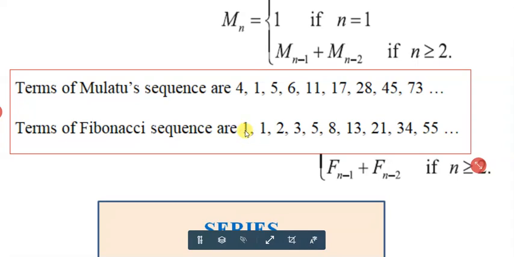The first term, F0, is 1, F1 is 1, but F2 gives us 2 by adding 1 and 1, and F3 gives us 3 by adding the two preceding terms, and 5 can be obtained by adding 2 and 3, and 8, the next term, is obtained by adding 3 and 5, and so on. These are known as the Mulatu and the Fibonacci terms.